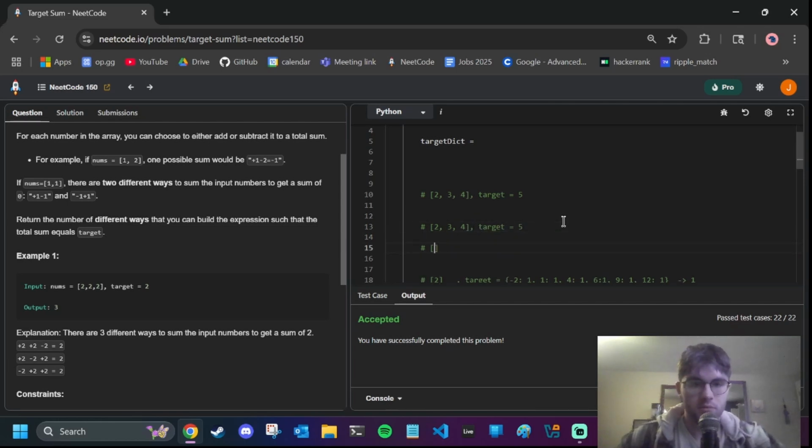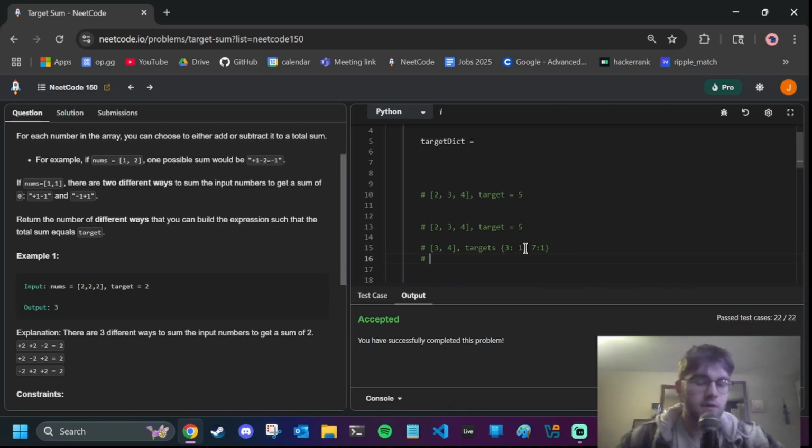So we would take out the 2 first, and then, just to keep it consistent, our targets would be 3 and 7. Then for 4, well, we would take out 3.